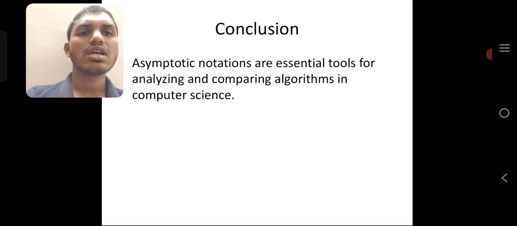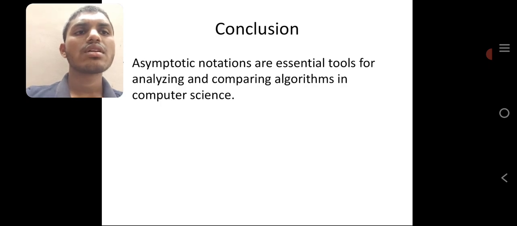Finally, the conclusion: asymptotic notations are essentially tools for analyzing and comparing algorithms in computer science. This is the topic about asymptotic notations. We observe three types: omega, big O, and theta. Such kinds of lower bound, upper bound, and tight bound.